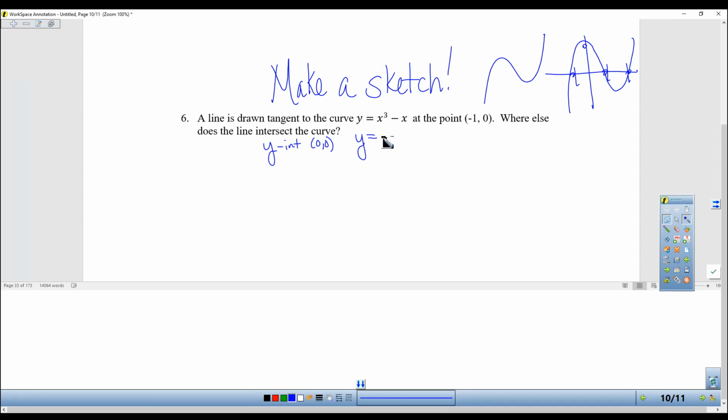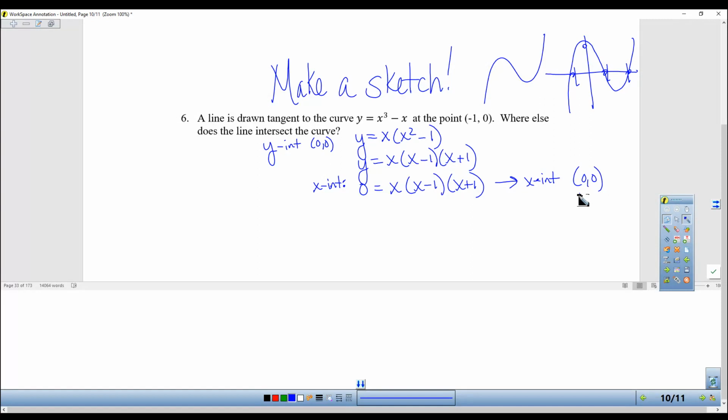And we can find the x-intercepts by factoring and then setting that equal to 0 to find the x-intercepts. So 0 is equal to x times x minus 1 times x plus 1 means that the x-intercepts are 0, 0, 1, 0, and negative 1, 0.